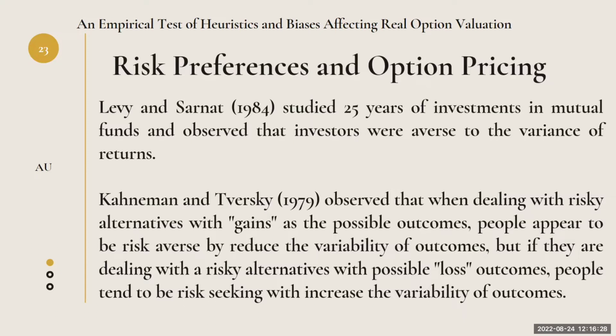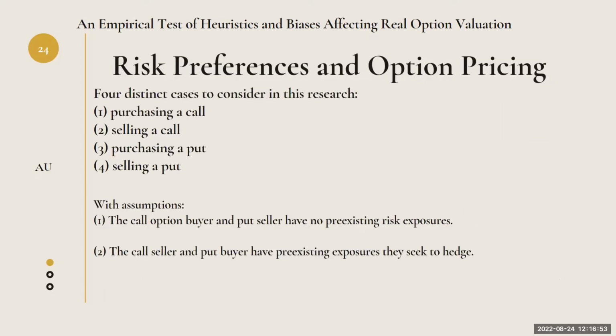Meanwhile, Kahneman and Tversky observed that when dealing with risky alternatives with gains as the possible outcomes, people appear to be risk-averse by reducing the variability of outcomes. But if they are dealing with risky alternatives with possible loss outcomes, people tend to be risk-seeking by increasing the variability of outcomes.